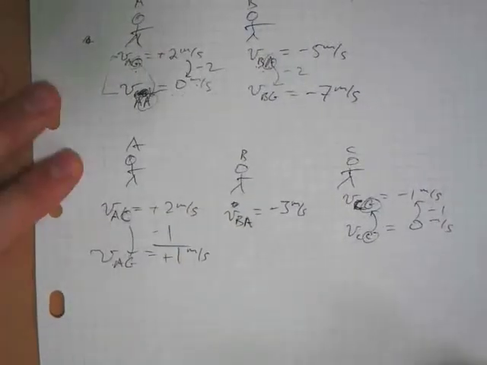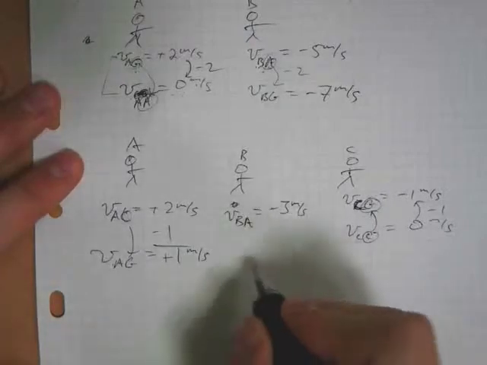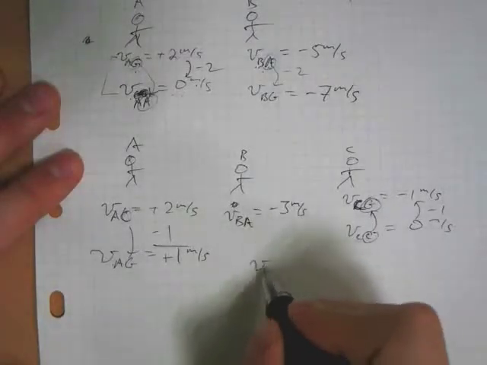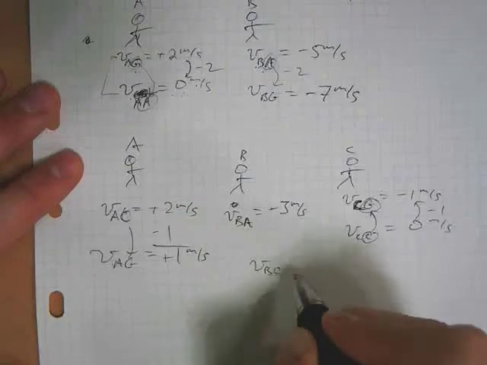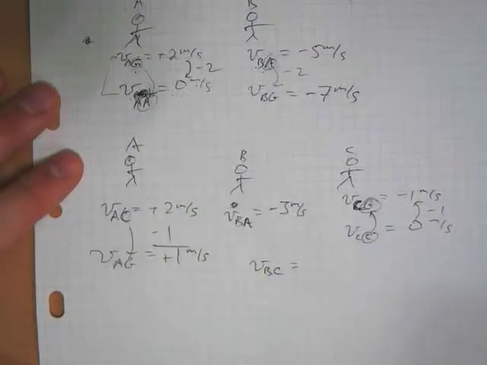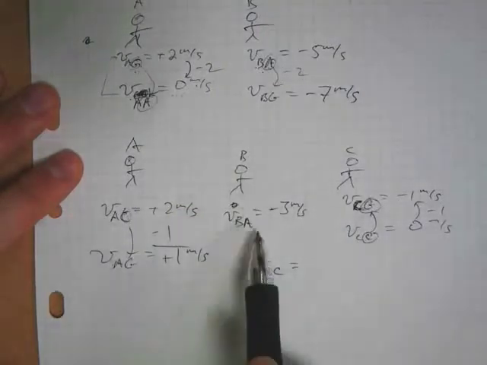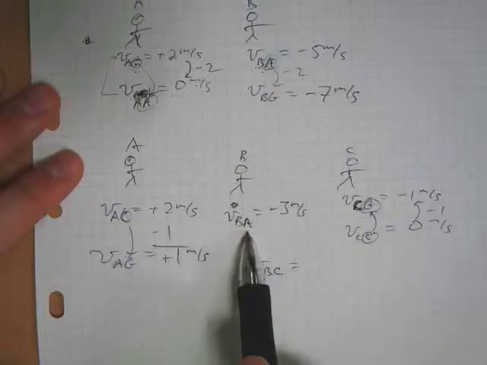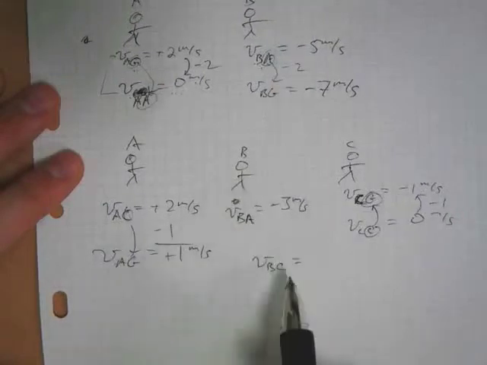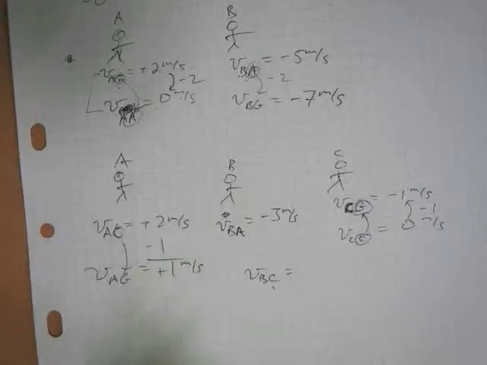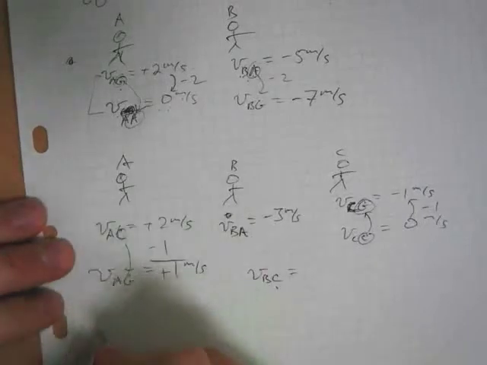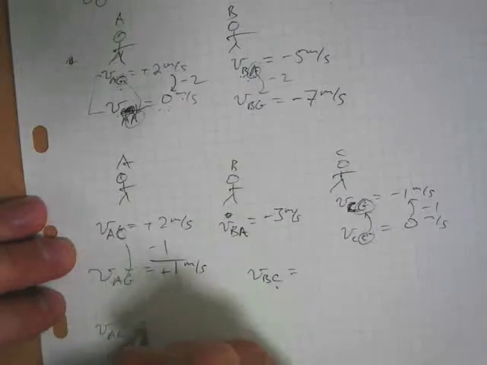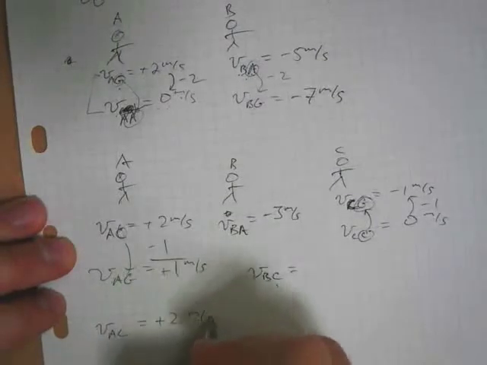Let's say I want to find the velocity of person B relative to person C. Well, we want to go from reference frame A to reference frame C. We have the velocity of person A relative to C. I'm just rewriting this because things got kind of scribbly up there.